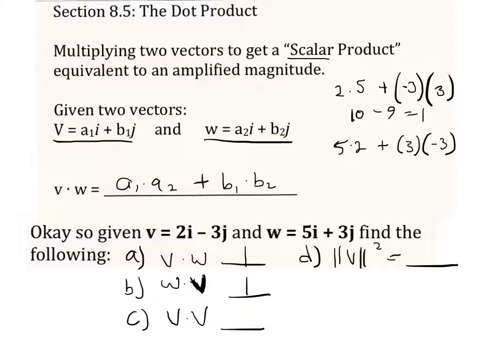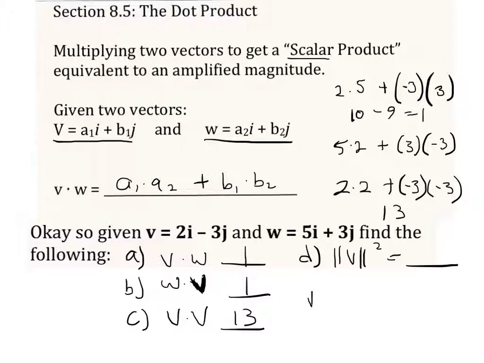All right. V dot v, so we're going to use 2 and negative 3 twice. We get 2 times 2 plus negative 3 times negative 3. That is going to be 13. And then if we want to find our magnitude squared, we're going to see another property of the dot product.